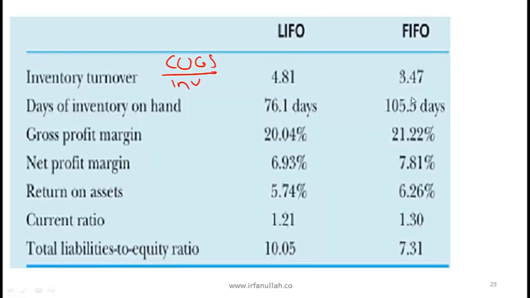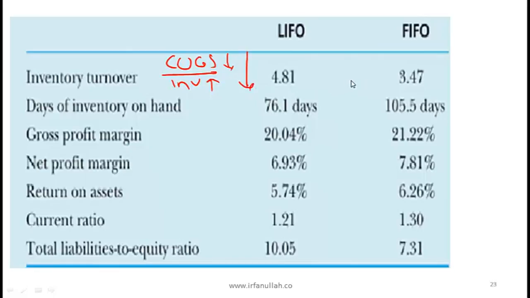Does it surprise you that with FIFO the number goes down? It does not, because with FIFO, what happens to inventory? The inventory goes up, and what happens to COGS? It goes down. So obviously overall your ratio has come down.